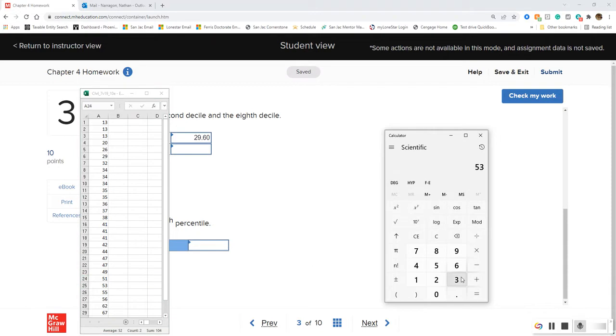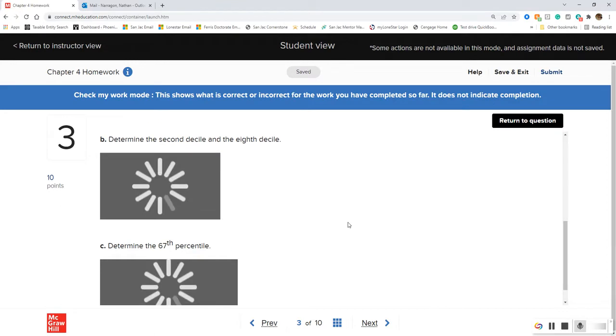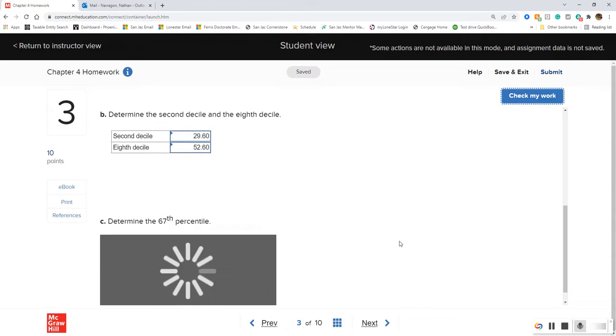So 53 minus 51 is 2. Multiply that by 0.8, 1.6, plus our lowest, which was 51, 52.6. Check to make sure we got both our deciles. We do. Our second and 8th.